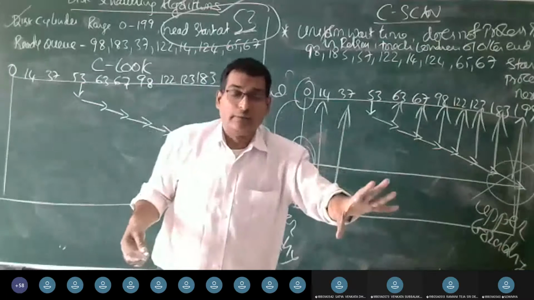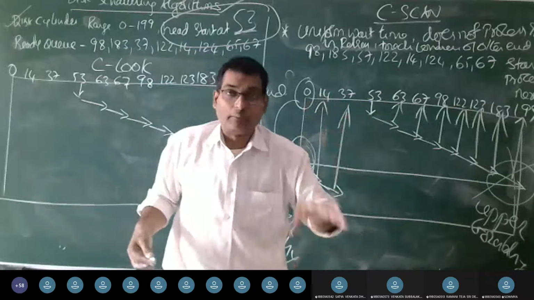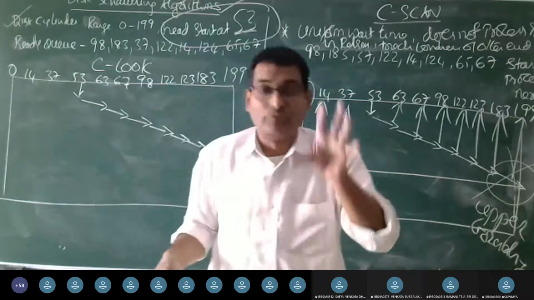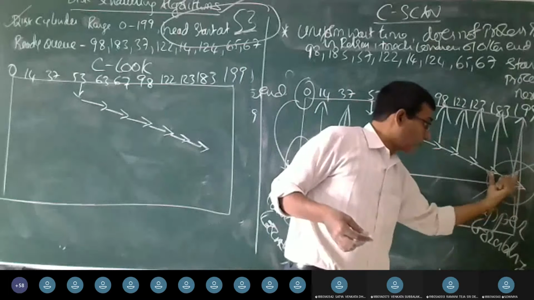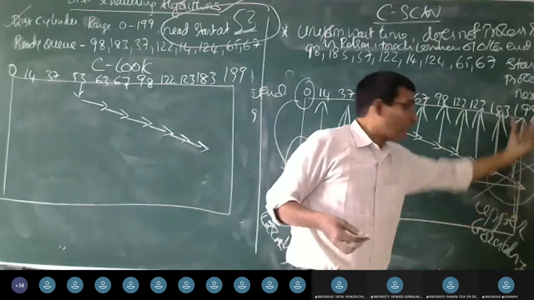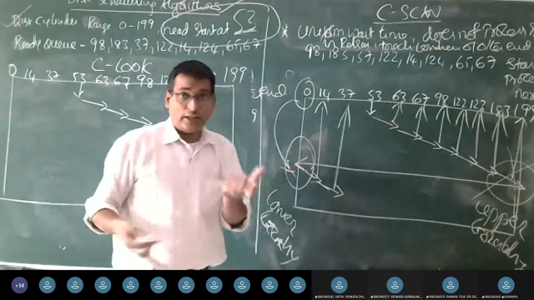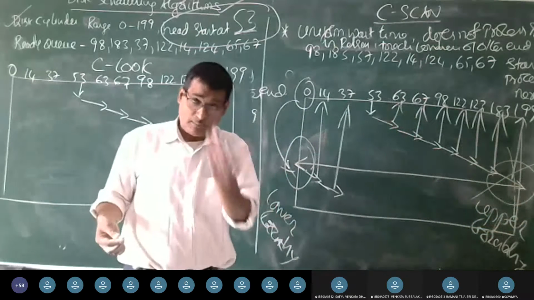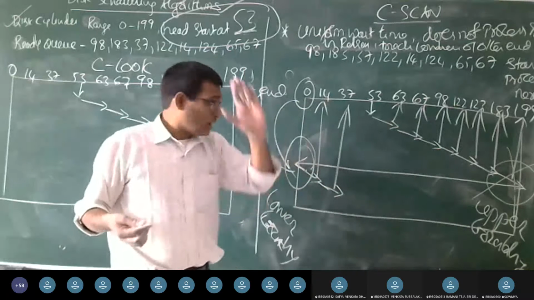This was eliminated to save the latency time, in order to get higher bandwidth. This time is a waste because nobody asked for a request at 199. Again, 0 to 14 is also a waste because there is no request in the ready queue between 0 and 14.